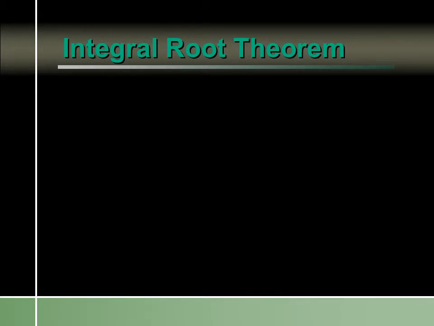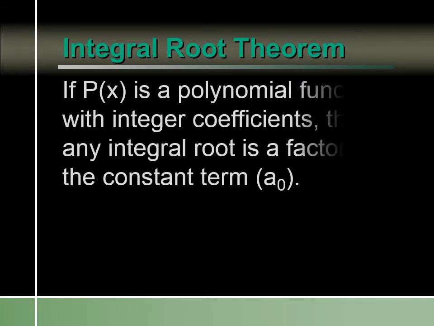Well, there is something called the integral root theorem. And that says if p of x is a polynomial function with integer coefficients, remember coefficients comes before the variables, then any integral root is a factor of the constant term. So remember, the constant term is the term that does not have a variable.